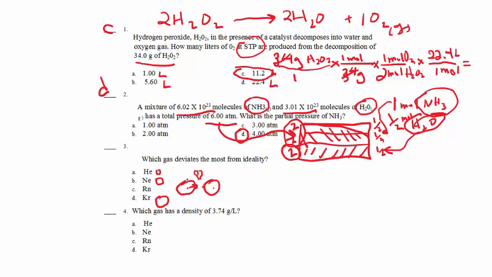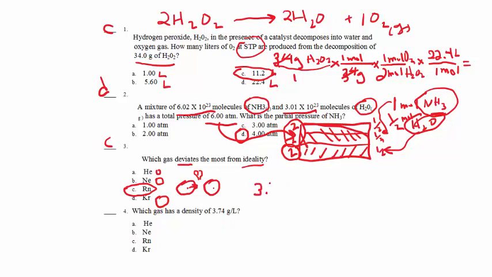So the more attraction between the gas particles, the more they deviate from ideality. So the largest one in this case would be radon. The answer is C.